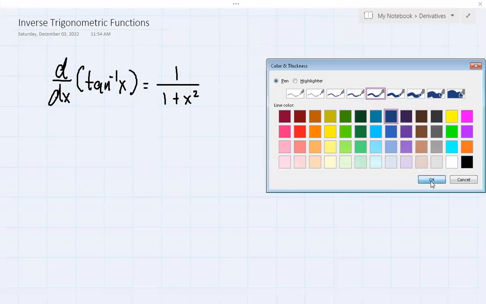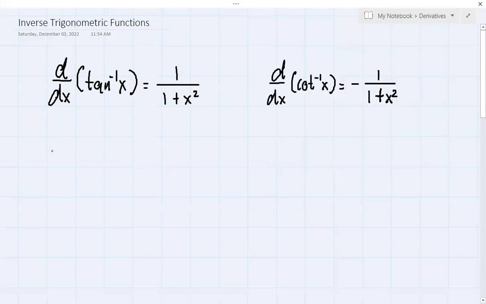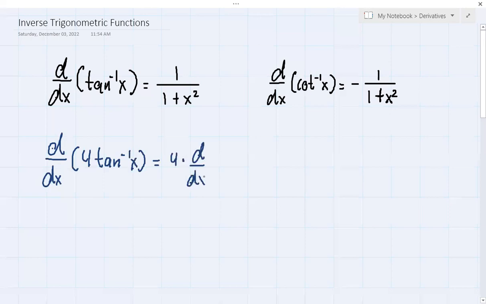So, let's proceed to our given examples. Okay? So, let's just say we are asked to get the derivative of 4 times arctangent. So, this one is easy. So, in here, we will have 4 times the derivative of arctangent.